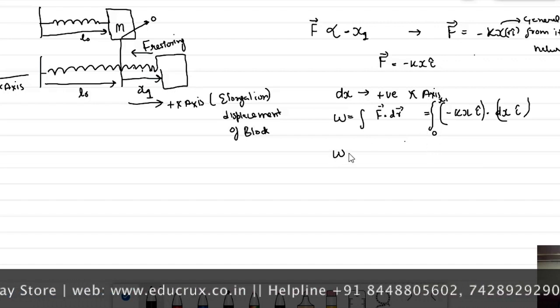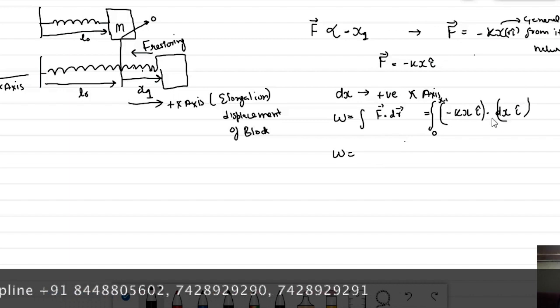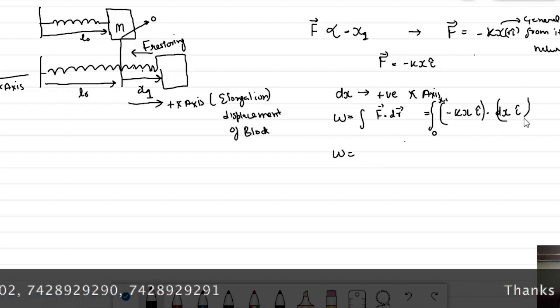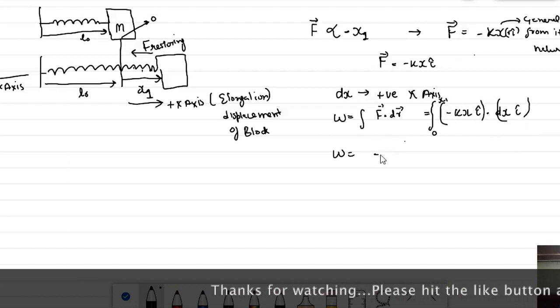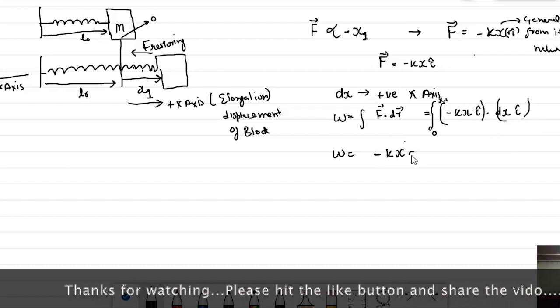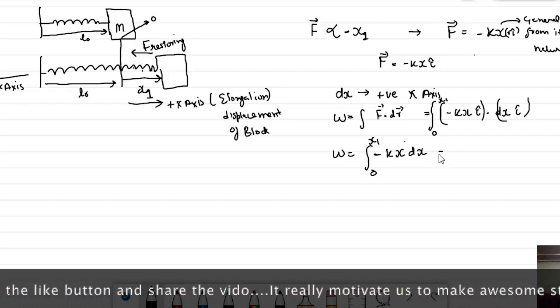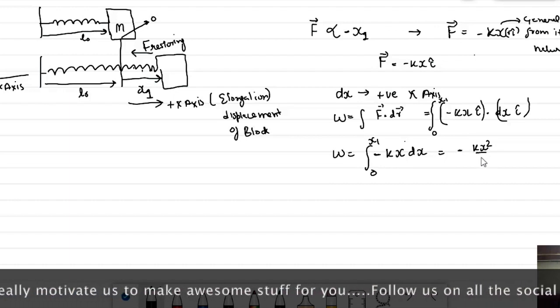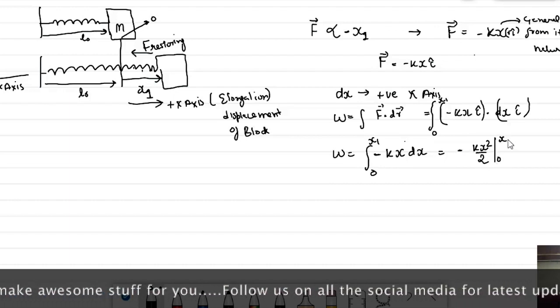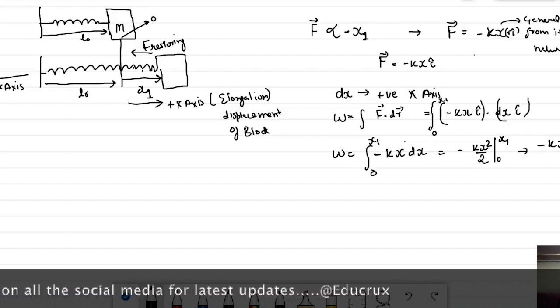So i cap dot i cap is equal to 1, because i cap is a unit vector and the other i cap is also a unit vector, and the angle theta between them is 0 degrees. So we get minus kx dx from 0 to x1. So this is equal to minus kx square by 2 from 0 to x1, and if I substitute the limits, this is equal to minus kx1 square by 2.